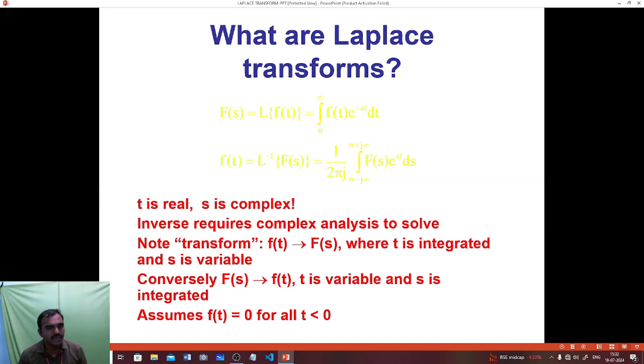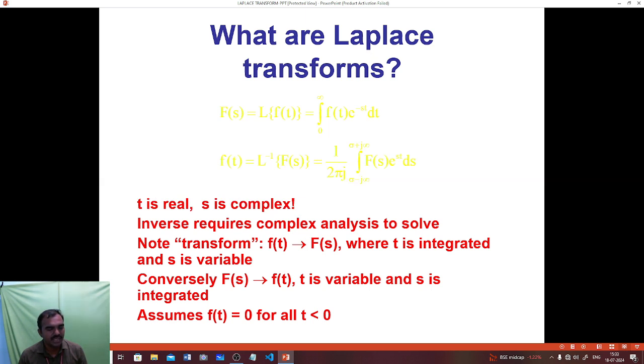The second one is the inverse Laplace transform: f of t equal to L inverse of F of s equal to 1 over 2 pi j times the integration from sigma minus j infinity to sigma plus j infinity of F of s e power st ds. Here t is real and positive, and s is complex. The inverse requires complex analysis to solve.